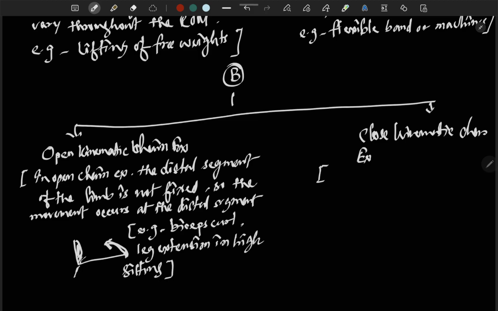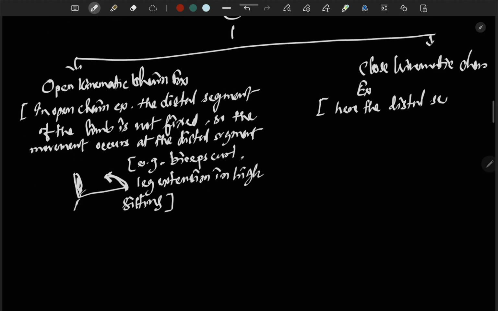What is close kinematic chain exercise? Here the distal segment of limb is fixed.